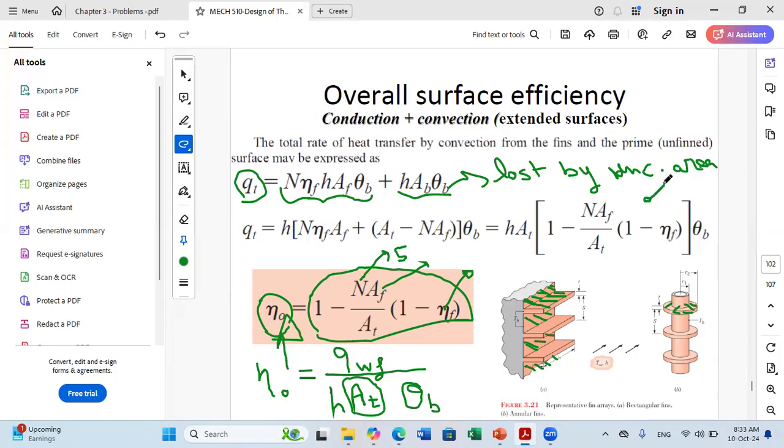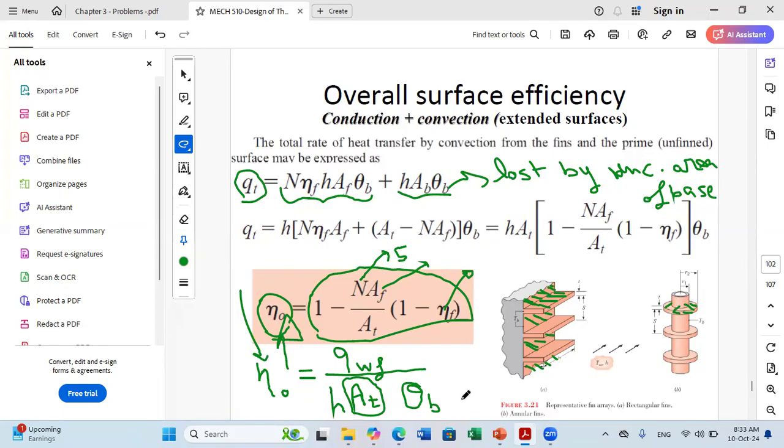Okay? Now, you should read all questions before you answer. If they ask you afterwards to find the overall efficiency of your system, this means that you should not use this formula before. You should calculate Q total from this formula, and then to calculate the overall efficiency, you do the actual Q total over hA total theta base.